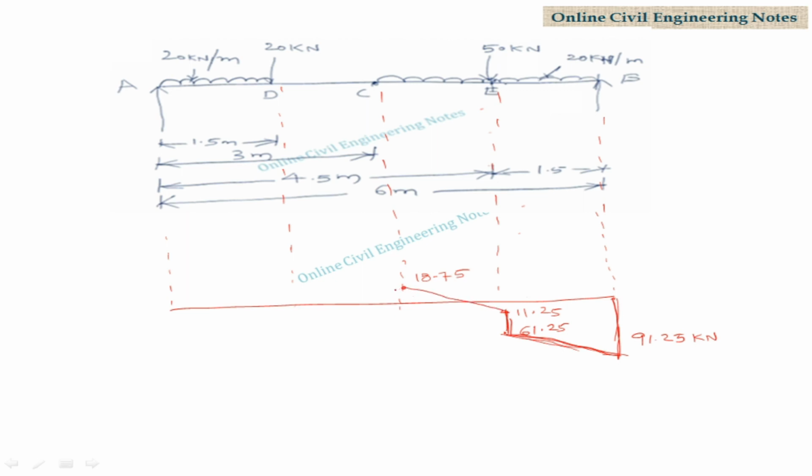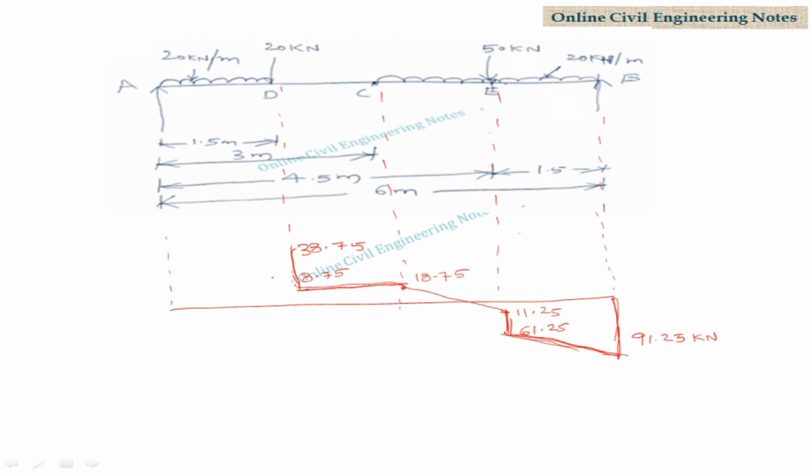Shear force just to left of C is also 18.75. Shear force just to right of D is 18.75. This is D point. Shear force remains same at D. This is also 18.75. Shear force just to left of D is 38.75. Draw the vertical line above 18.75.